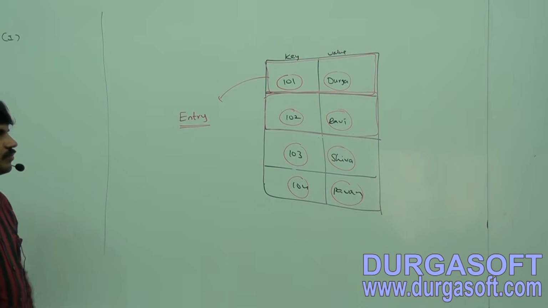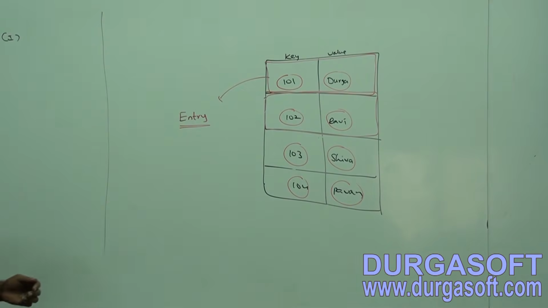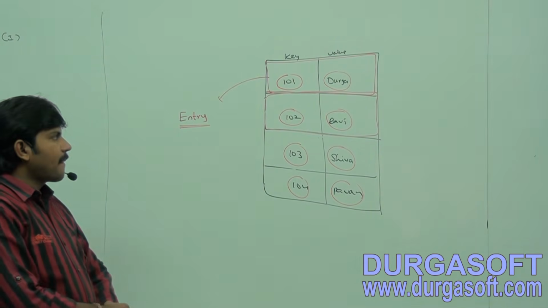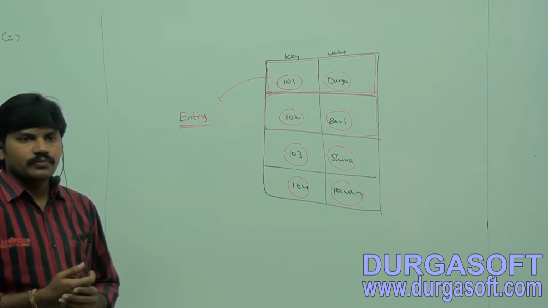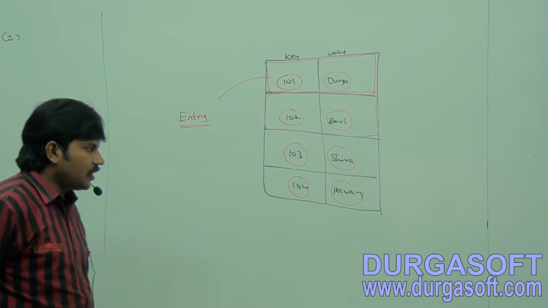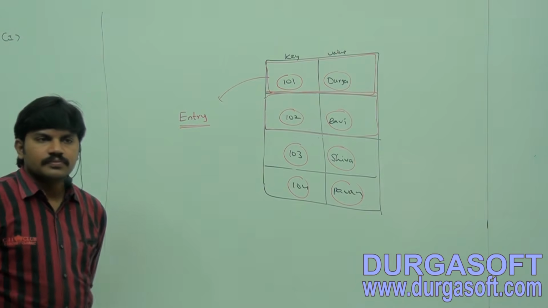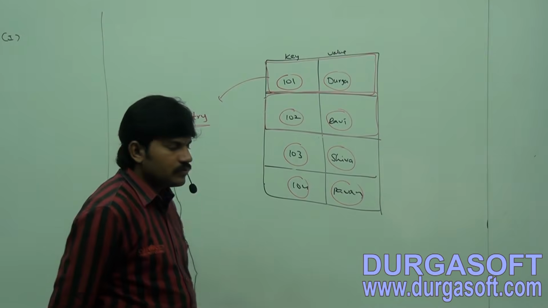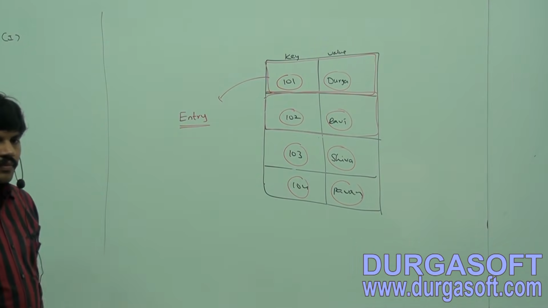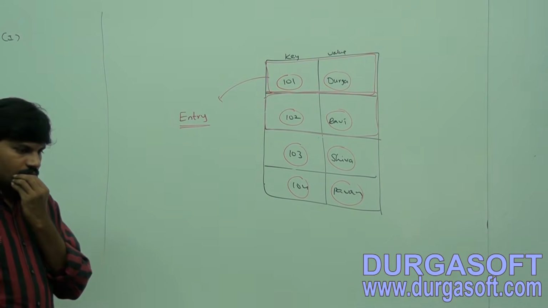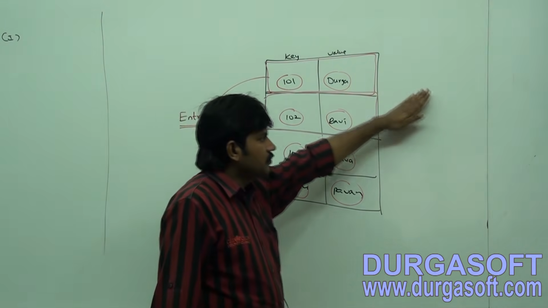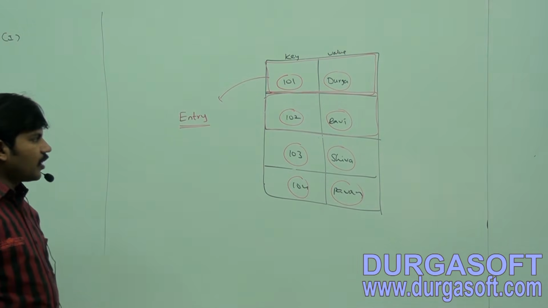Take this diagram first. Key value, like this, completed, right? Okay, now clear for all of you, right?